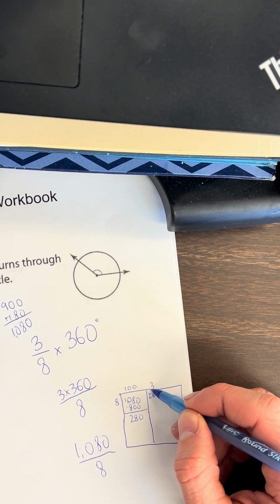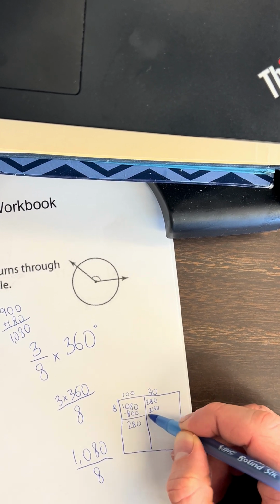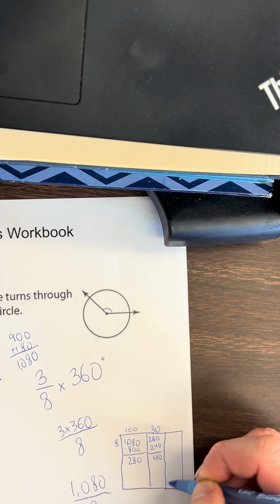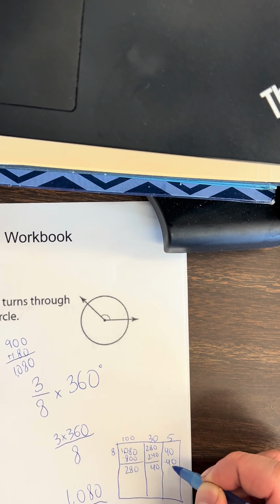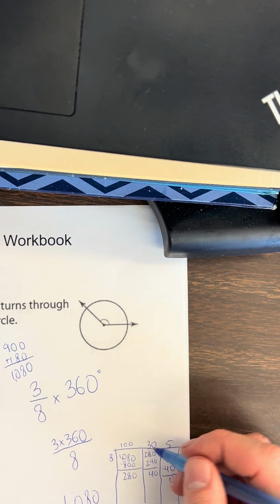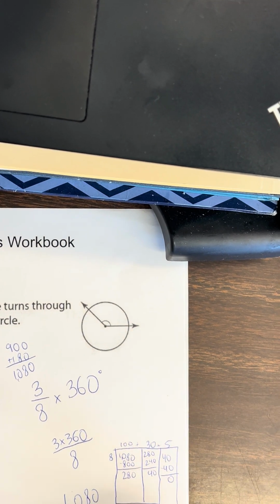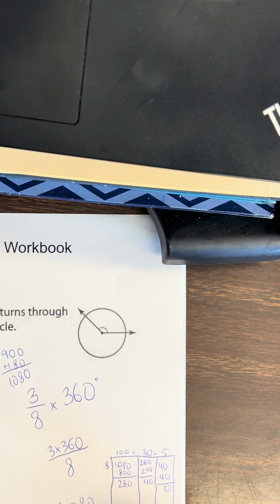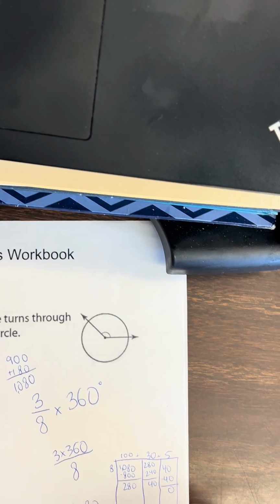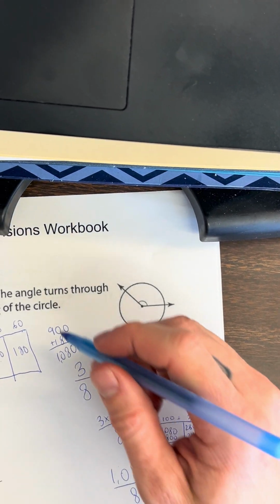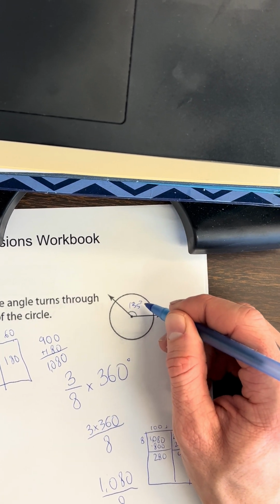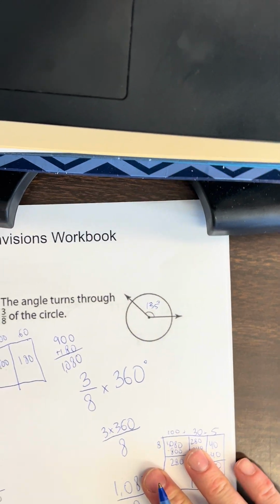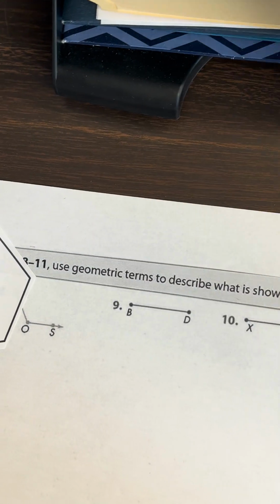So if I use 8 times 30, I would get 240 and have 40 left over. And I know that 8 times 5 is 40. I have no remainder. I add my partial quotients and I get 135 degrees. 3/8 of a circle is 135 degrees, which makes sense because I see this nice obtuse angle.